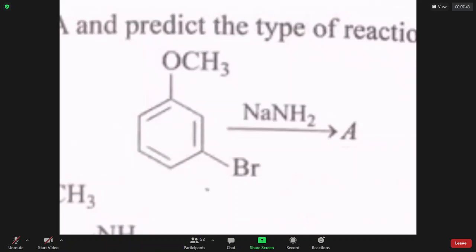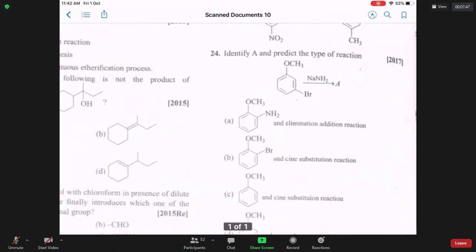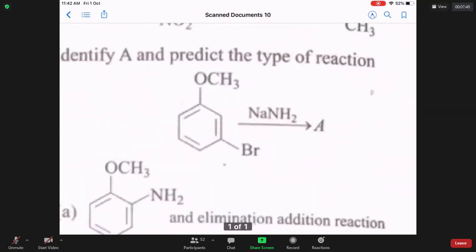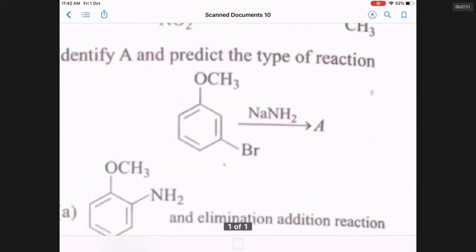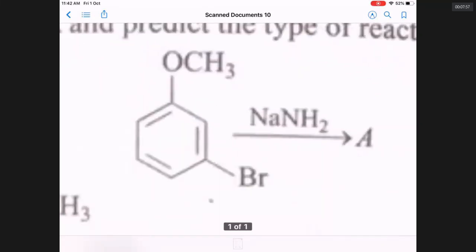Between the bromo group and OCH3 group, this carbon has a hydrogen. That hydrogen is eaten away by NH2 minus, and therefore you will be getting a carbanion. This carbanion will make a triple bond, and Br minus will get out.